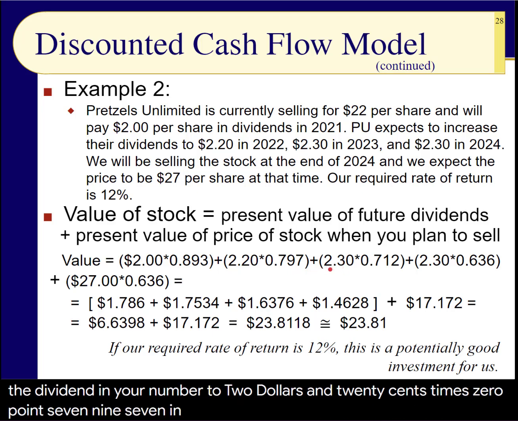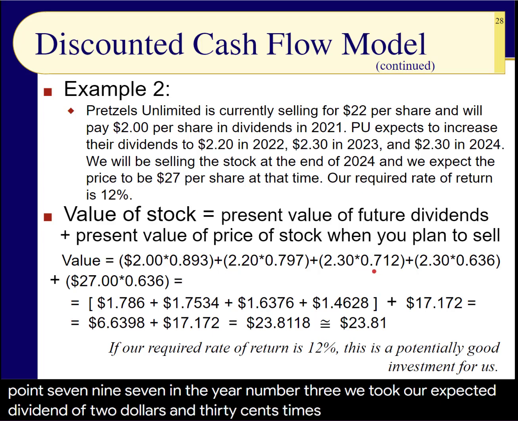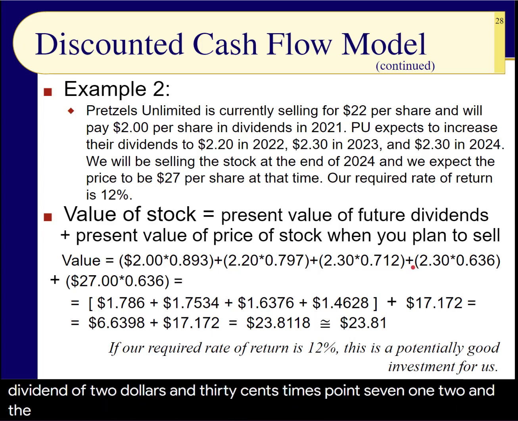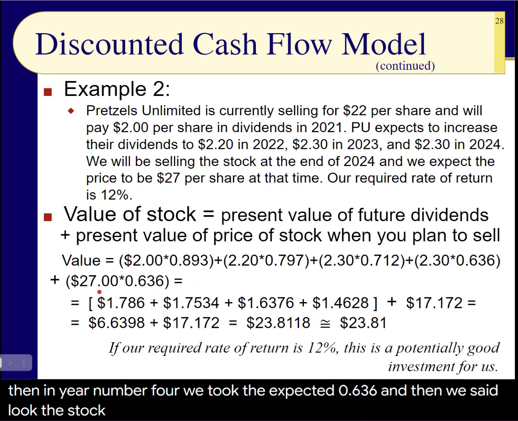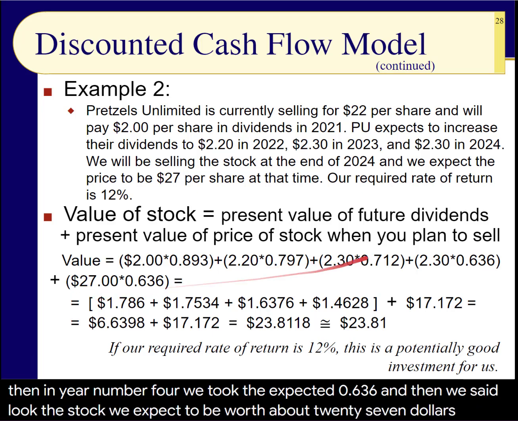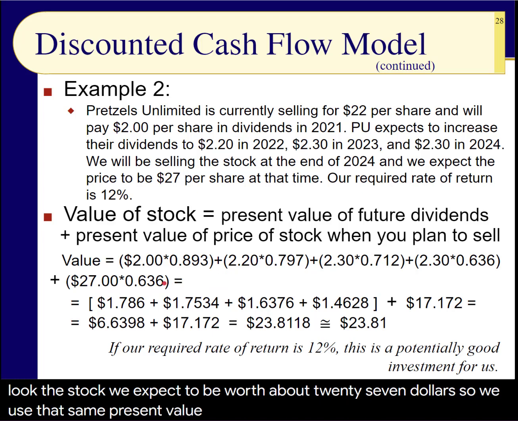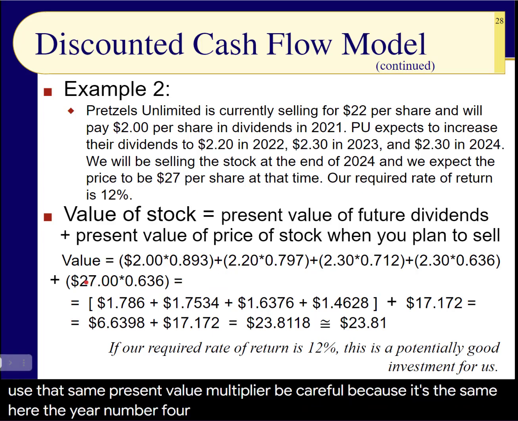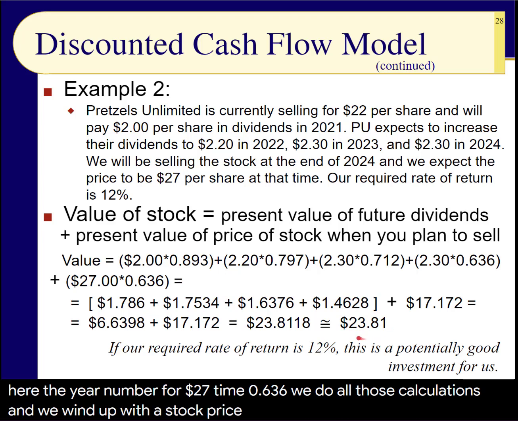In year number 3, we took our expected dividend of $2.30 times 0.712. And then in year number 4, we took the expected dividend of $2.30 times 0.636. And then we said, look, the stock we expect to be worth about $27, so we use that same present value multiplier. Be careful, because it's the same year, the year number 4. $27 times 0.636.